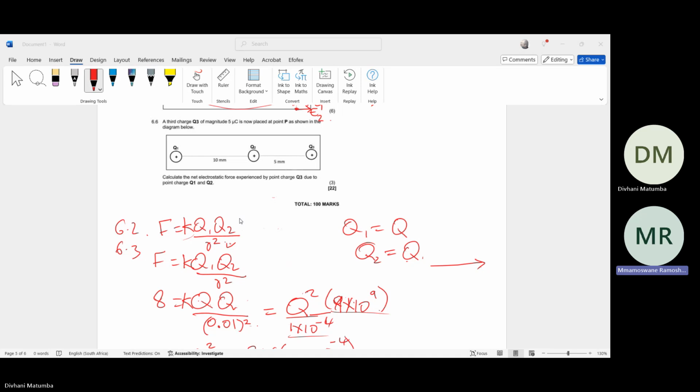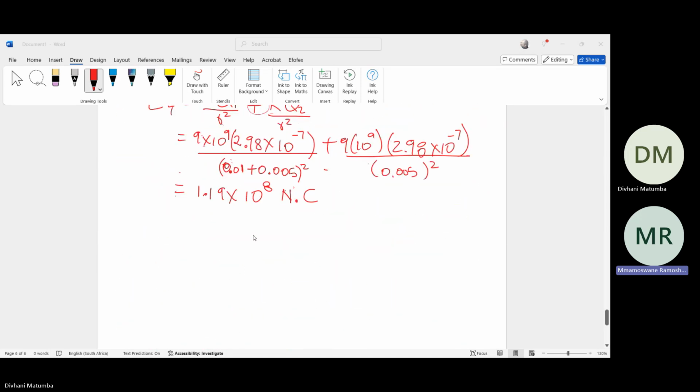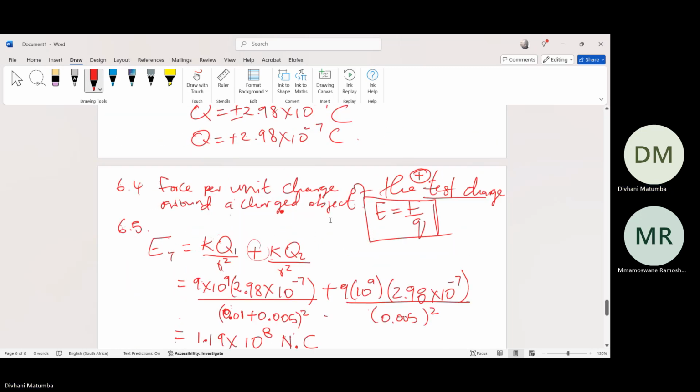Aren't we going to use F equals K Q1 Q2 over R squared, for both scenarios? I agree with you. So F total equals F1 plus F2.